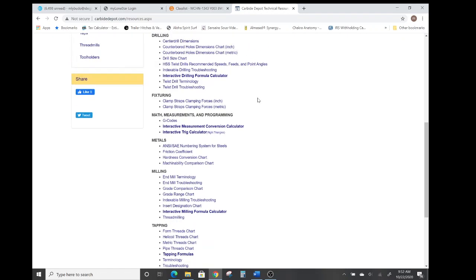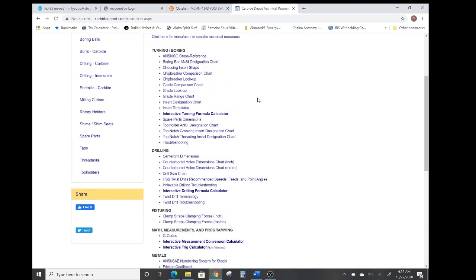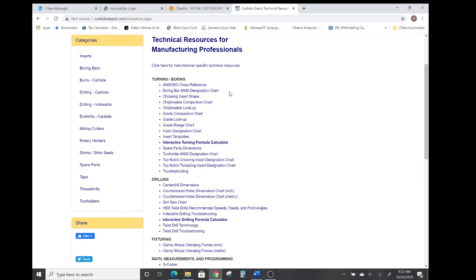There are a lot of resources here at carbidedepot.com. There's a whole machining course in this. It'll teach you all about the different inserts. I would suggest that you bookmark this in your computer and use this as a future reference. All right, so that's carbidedepot.com.